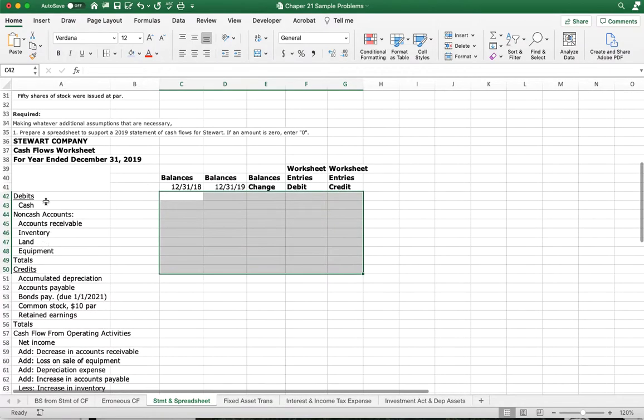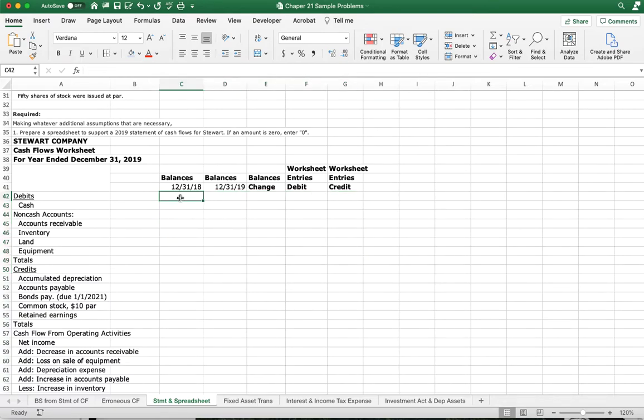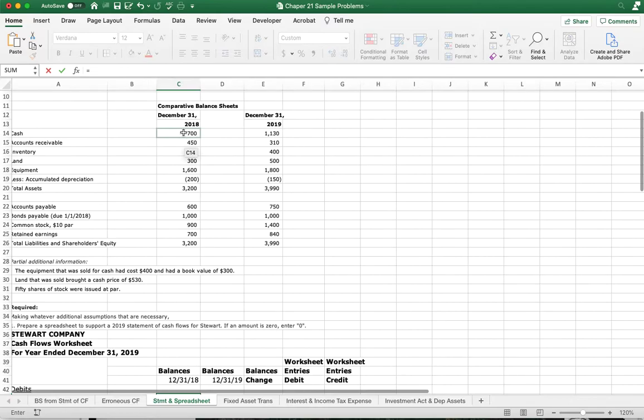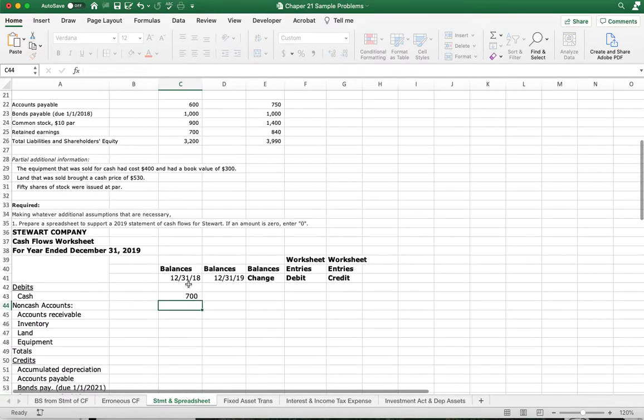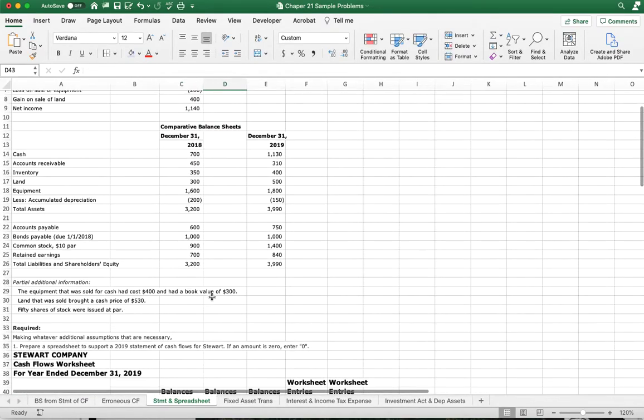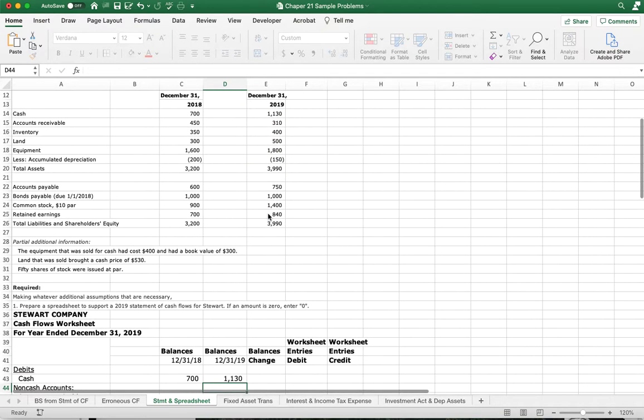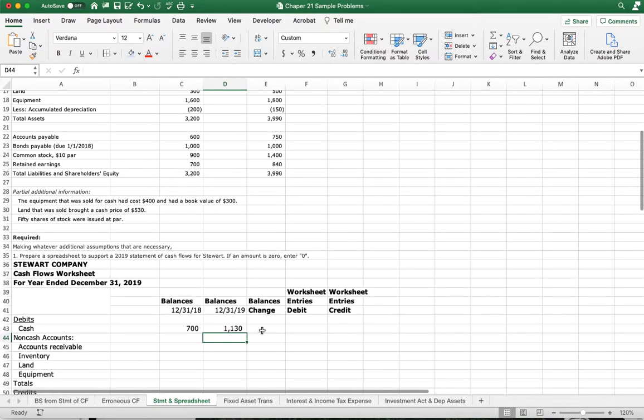And so we have the basic layout for our spreadsheet, or our worksheet. We can start with just pulling over these balances. So we'll come back up. And I have a space in between them, so I guess I can't just cell reference everything.